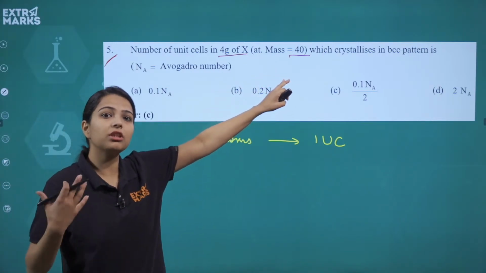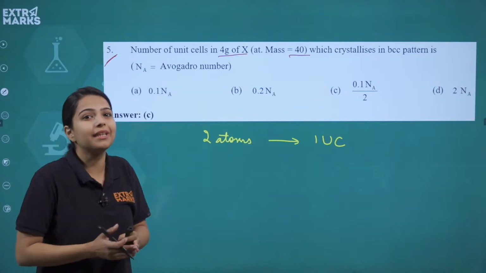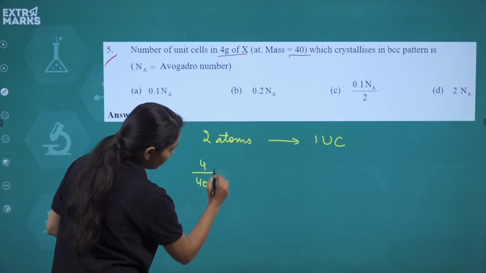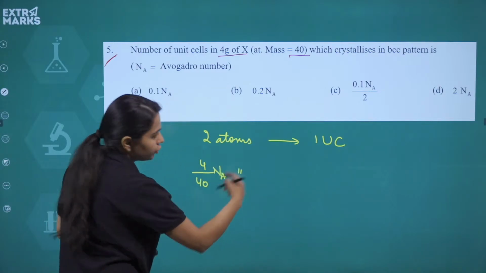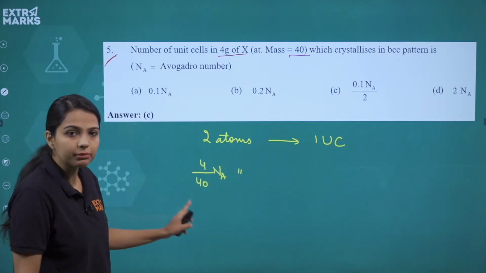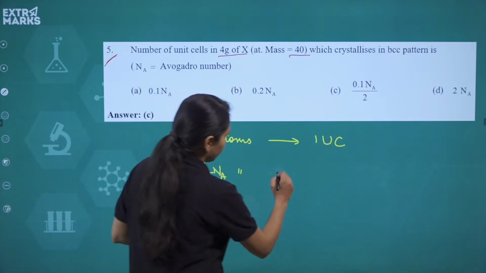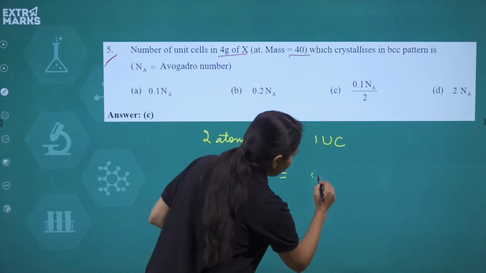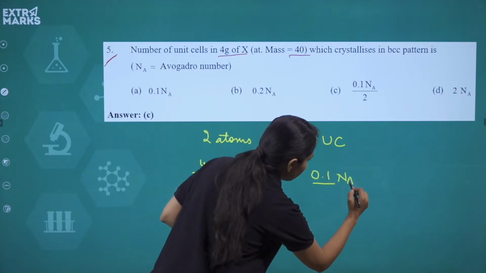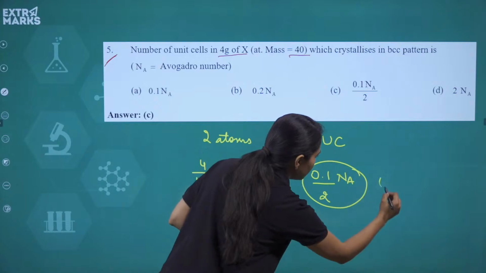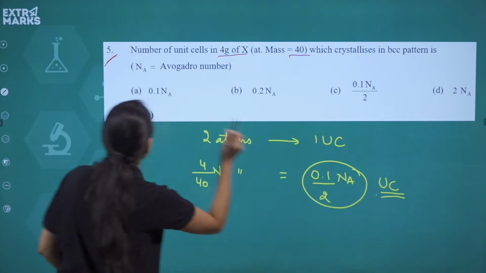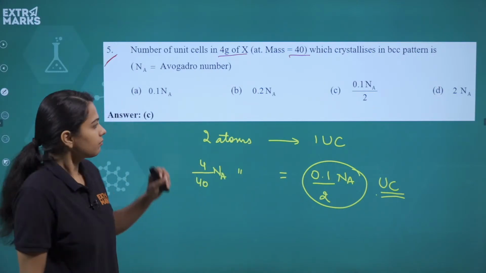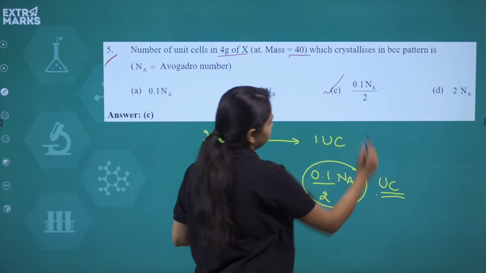If I want to find out the number of atoms, I need to multiply this with NA. So 2 atoms are going to make 1 unit cell. 4 upon 40 into NA atoms are going to make how many unit cells? These are the number of atoms that is given to us. So this will become 0.1 into NA upon 2. So these many unit cells will be formed using 4 grams of this particular X atom. So answer is option C here.